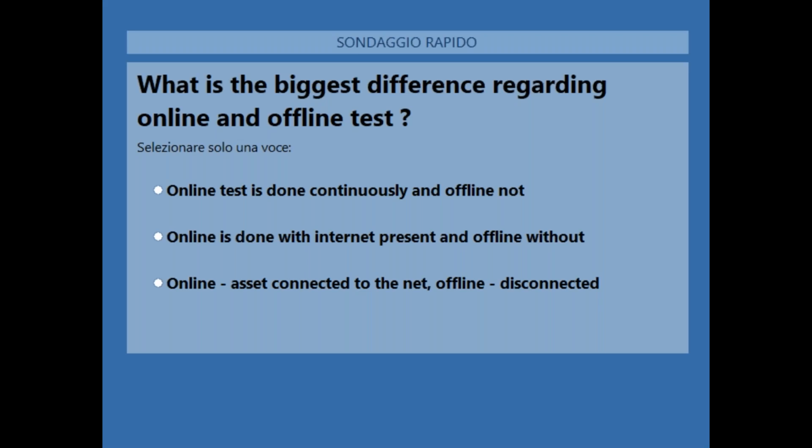Or B, online is done with internet present and offline without internet? Or C, online test is an asset connected to the net, and offline is an asset, generator or rotating machine disconnected from the electrical network. So which one of these three?